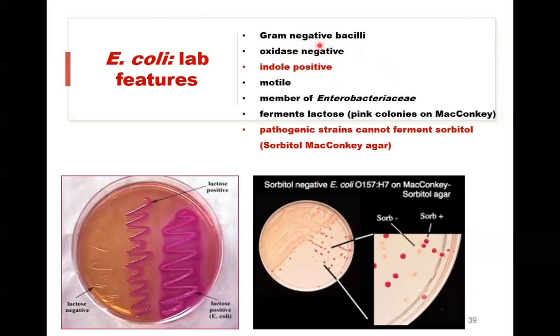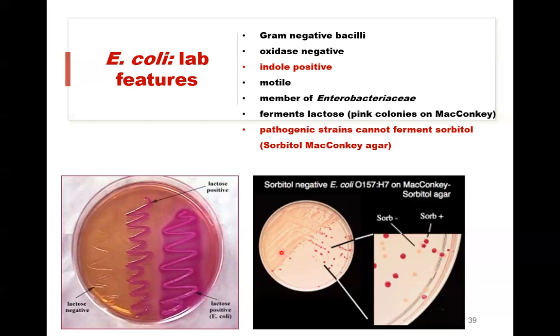In the laboratory, you still remember the characteristics of E. coli. It's a gram-negative rod. It's oxidase negative. It's a member of the Enterobacteriaceae. It's indole positive. It's motile. And when you culture on MacConkey, it tends to give you pinkish colonies because it can ferment lactose, right? Now, after plating on MacConkey, you also plate on what we call sorbitol MacConkey agar.